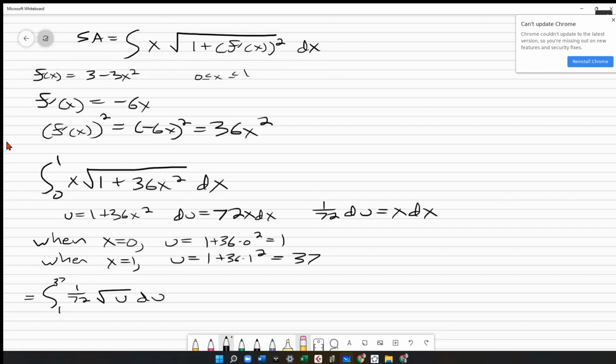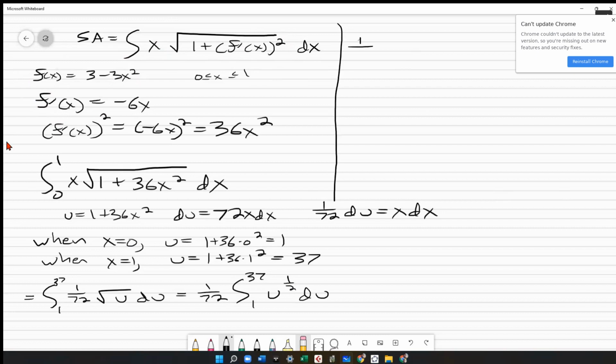I have a feeling that was probably what you had a question about, but in the interest of thoroughness, let's just complete it. So we're going to do 1 over 72. I always like to bring those constants to the outside, times the integral from 1 to 37 of u to the 1/2. I also always like to write square roots as rational exponents.